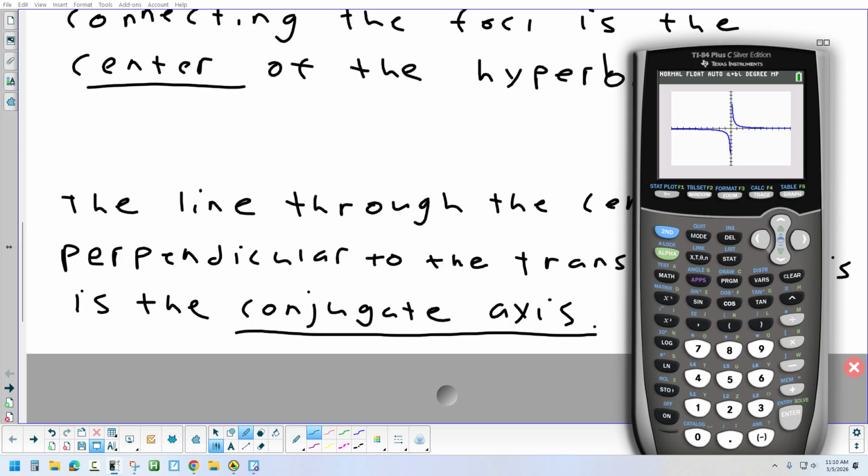It's on like a 45-degree angle. The transverse axis would look something like this. We're not doing transverse axes that are going to be on an angle. The two choices you're going to have for transverse axis is one that's horizontal or one that's vertical. But technically that is a hyperbola. You can draw a hyperbola at any angle that you want. But we're not.